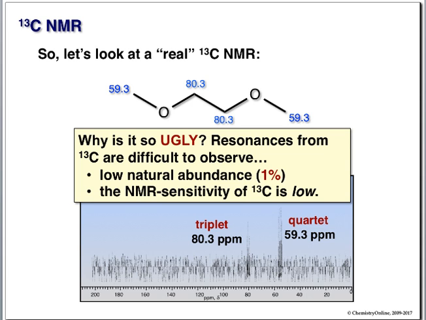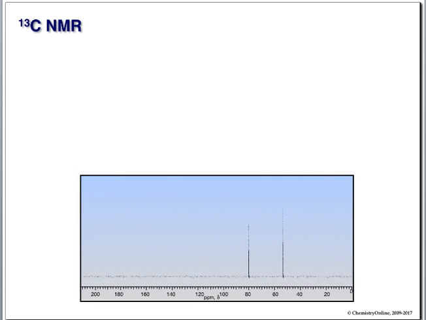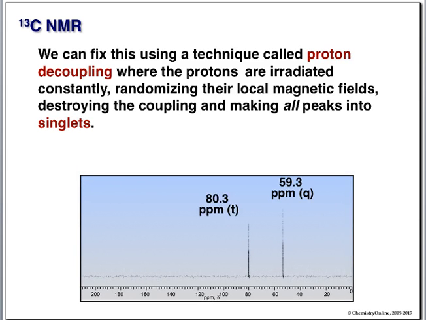What people usually do, however, is something called proton decoupling. Now remember, this splitting occurs because we have these hydrogens that are either with the field or against the field or cancel and stuff like that. The trick here is that the proton and the carbon absorb at different RF frequencies.